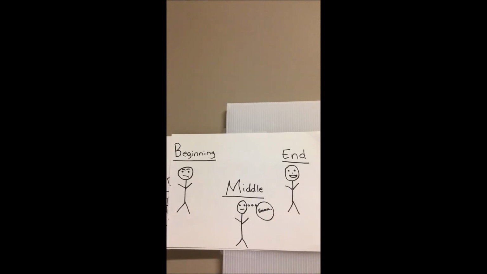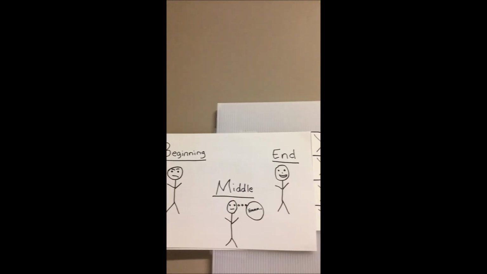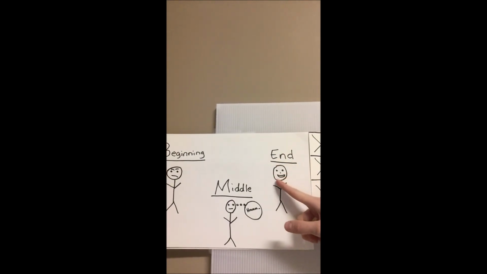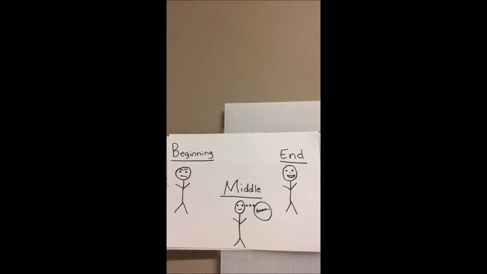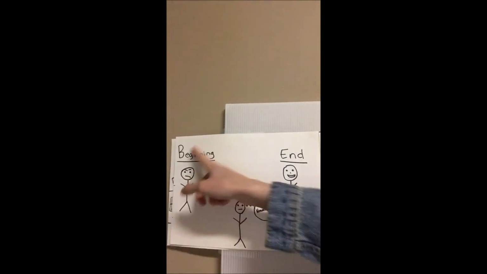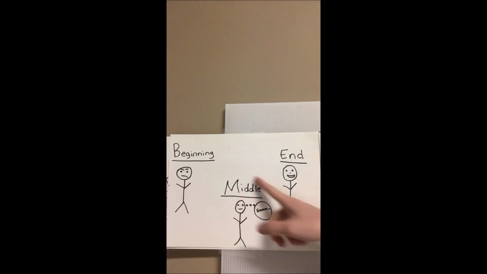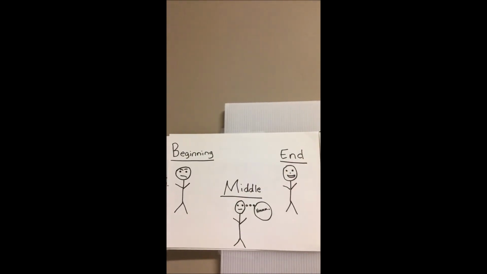They think about how to fix their problem. And the end of the story, look at him all smiling, is when their problem is over. Their problem is fixed. There's no more problem. So let's think about that together as we read the story. We'll try and figure out what's the beginning of the story, what's the middle, and what's the end.